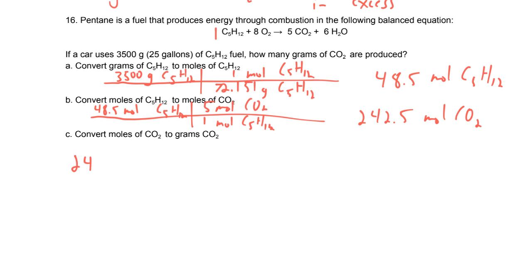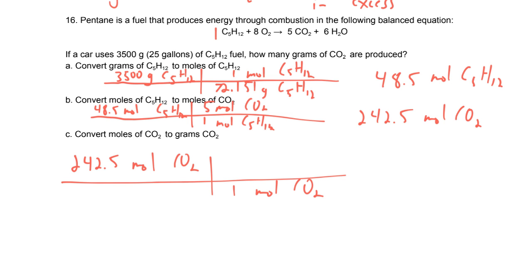And let's convert moles of CO2 to grams of CO2. So 242.5 moles of CO2, and now I just need to multiply by the molar mass. 1 mole of CO2 weighs how much? Let's just do 1 carbon plus 2 oxygens, 44 grams, just about.